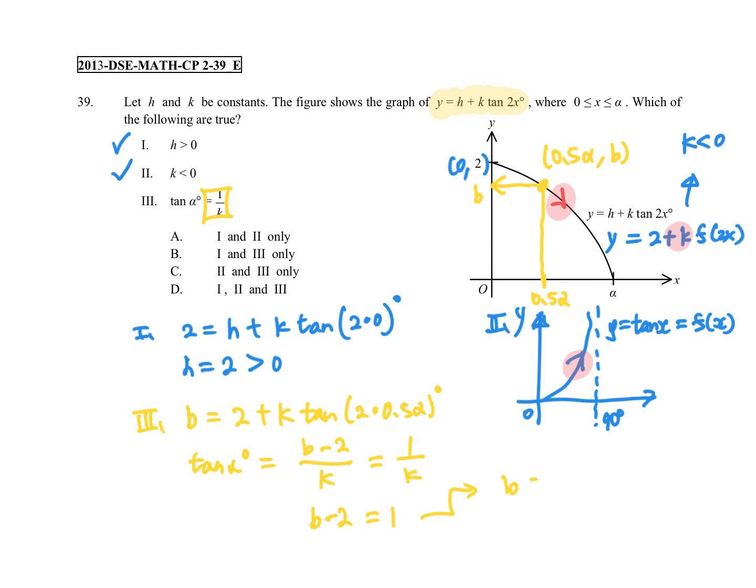And in that case, b equals 3, which does not make sense, because b should be lower than 2. So that's why it is impossible. Which is not possible. That's why statement 3 is incorrect.